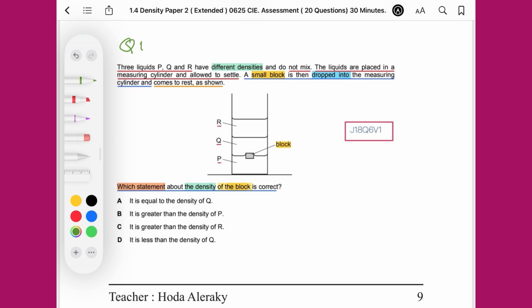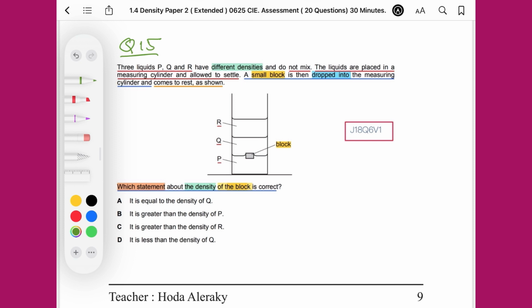Question 15. We have here liquids P, Q, and R. They have different densities and they do not mix. And we have a small block dropped into the measuring cylinder and comes to rest as shown. Before reading which statement is the correct one, let's write here what we can tell from the diagram.